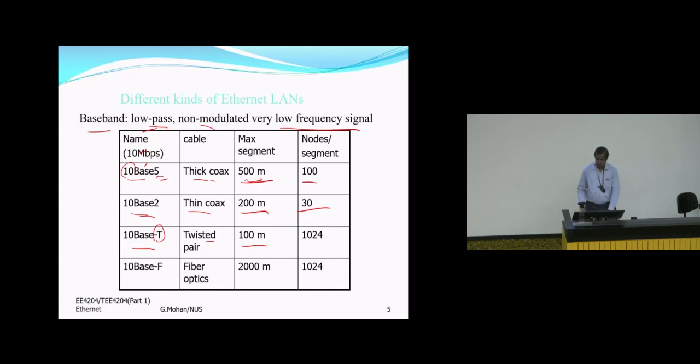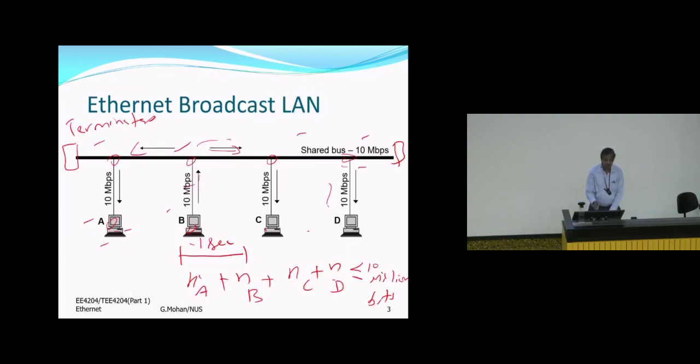Because the configuration is hub-based, the distance between any two hosts is more or less the same. It's not like a bus. The bus is linear, so the cables go like this. The distance between this computer and the last computer will be much larger compared to the distance between this and this, right?